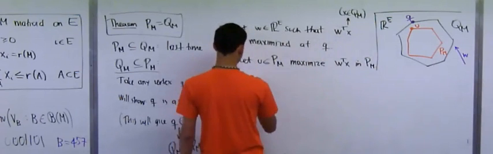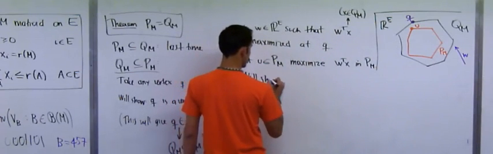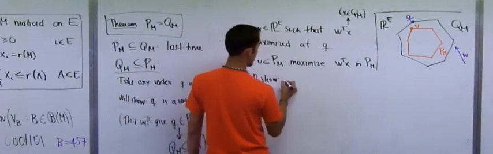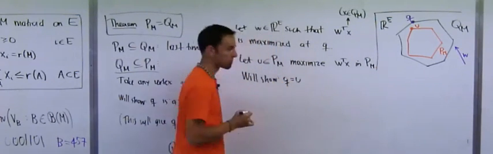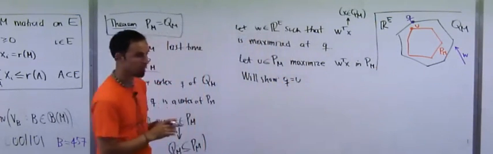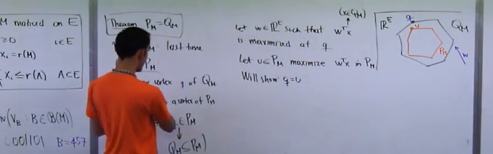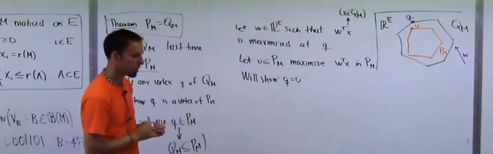So I will show that actually Q is equal to U, which is what I want to show. I want to show that Q is a vertex of P sub m. Okay.